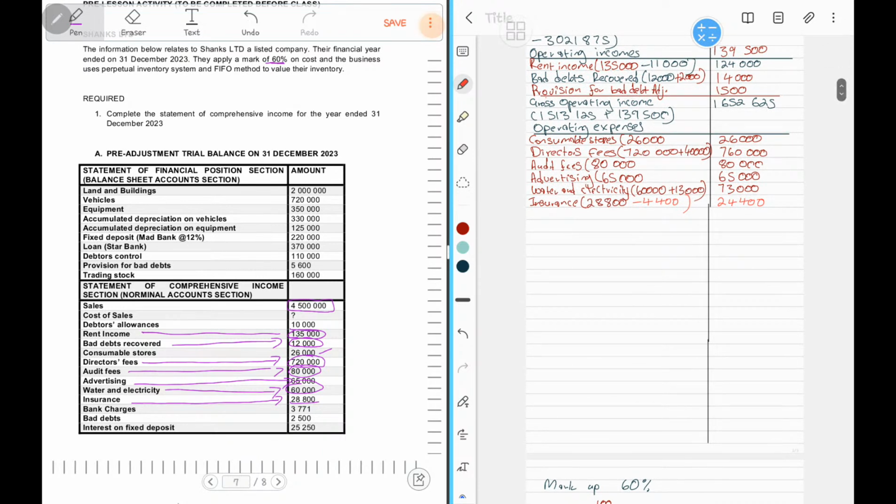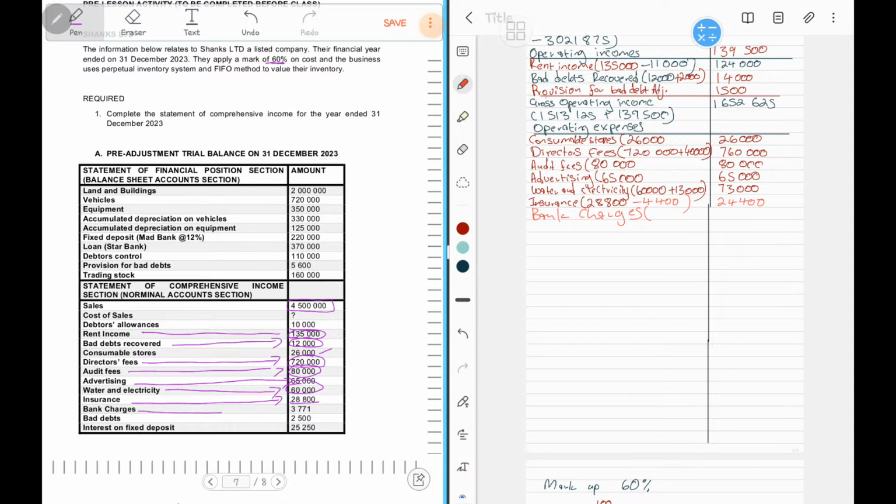Okay, then let's now look at another expense, bank charges. So we're going to say bank charges. Then the first step will be to open the bracket. Then the second step will be to plug the amount.